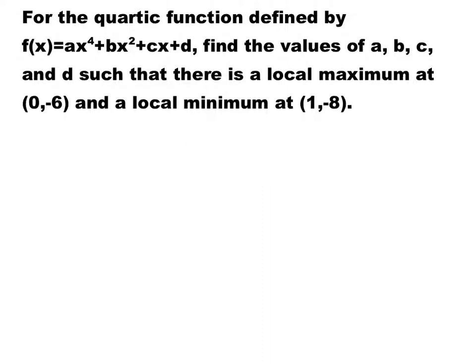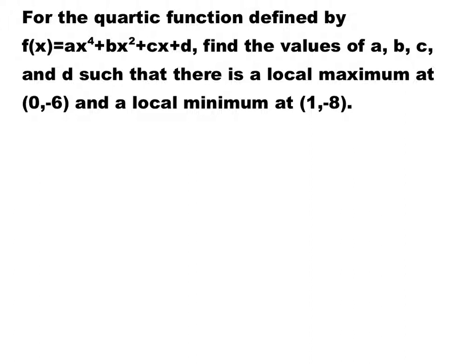The next question says, for the quartic function defined by f of x equal to ax exponent 4 plus bx squared plus cx plus d, find the values of a, b, c, d such that there is a local maximum at (0, negative 6) and a local minimum at (1, negative 8).